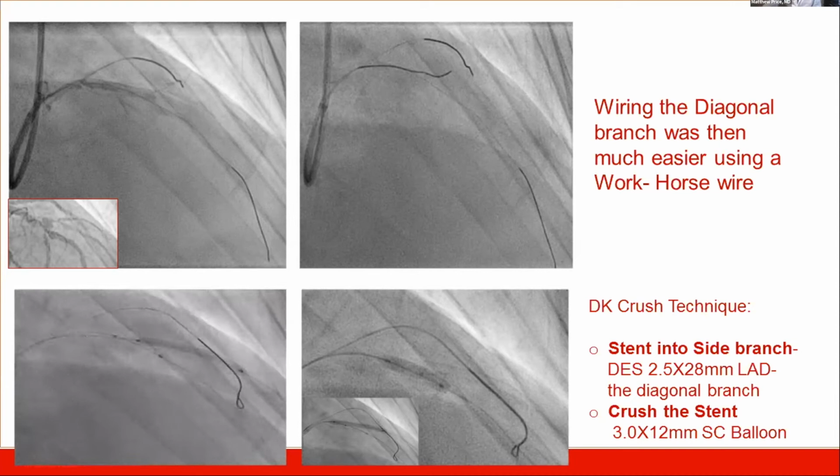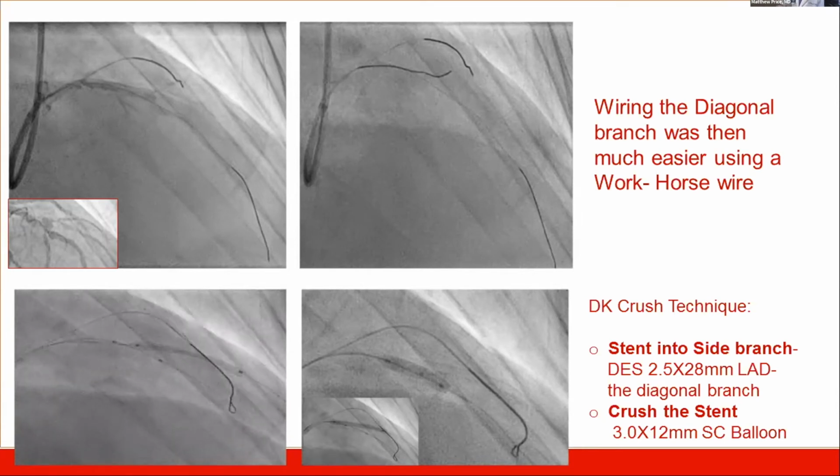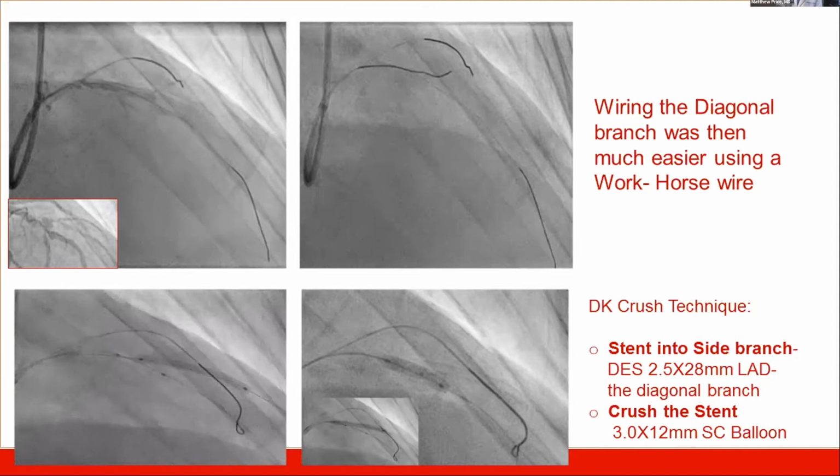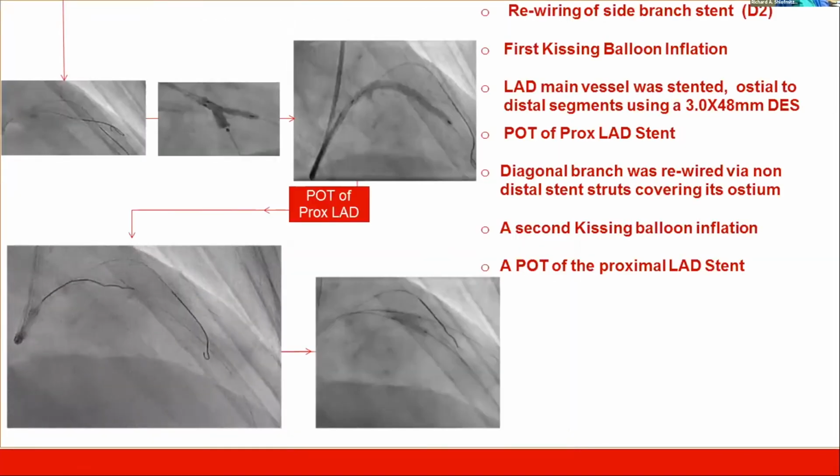Potentially a steeper left anterior oblique cranial may have highlighted exactly where the takeoff of that diagonal was. So you could test with contrast and make sure you just have a little bit in the main vessel itself. Correct. I think it's a great result. Very nice.